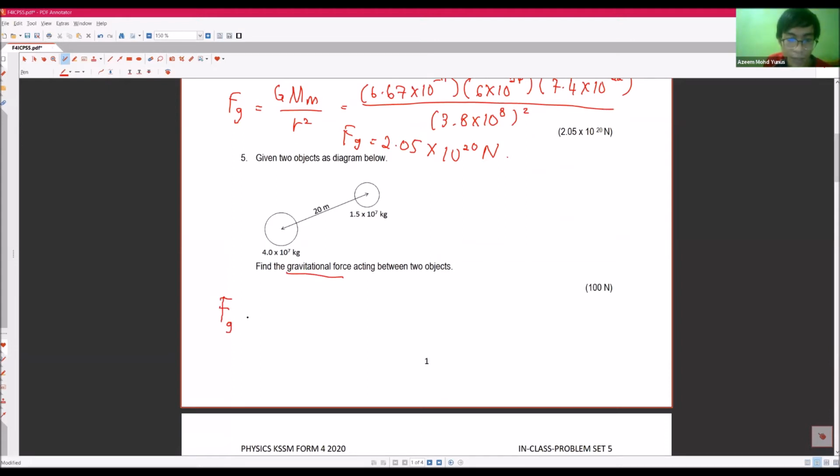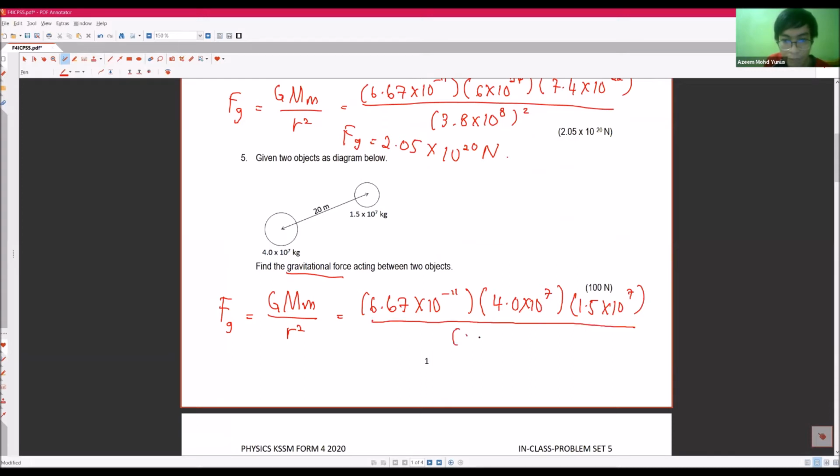So Fg equals big G, big M, small m, over r squared. 6.67 times 10 to the negative 11, big M is 4.0 times 10 to the power of 7, 1.5 times 10 to the power of 7, divided by 20 meters squared. So we will get 100.05 Newton.